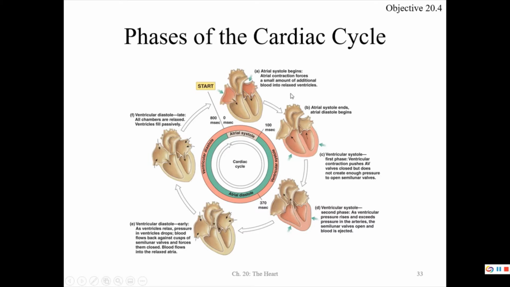Now, the atria relax, and then the ventricles start to contract as they push the AV valves closed, but they are not producing enough pressure to open the semilunar valves. And that is called isovolumetric contraction. Then, once they overcome that, blood goes out the pulmonary trunk, pulmonary arteries and lungs, and the aorta.